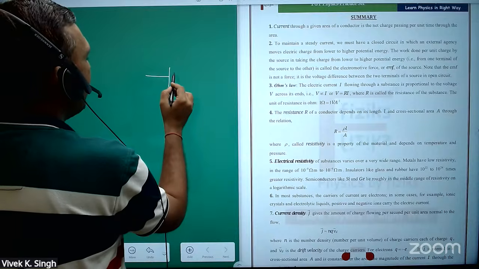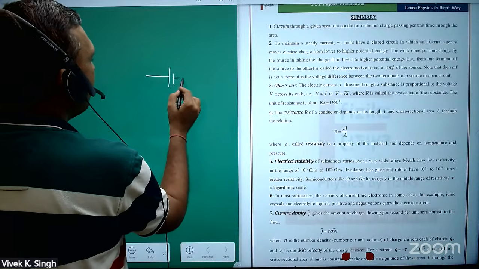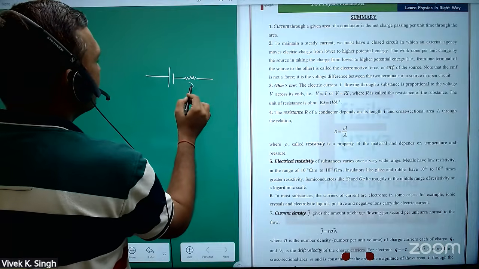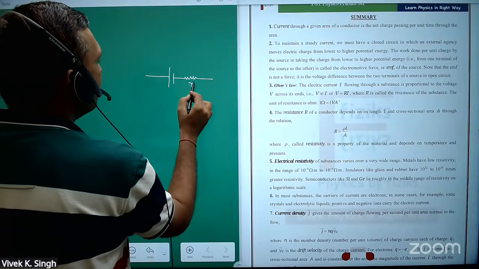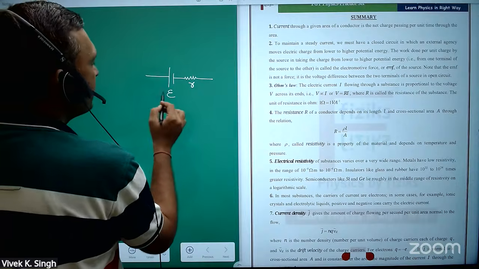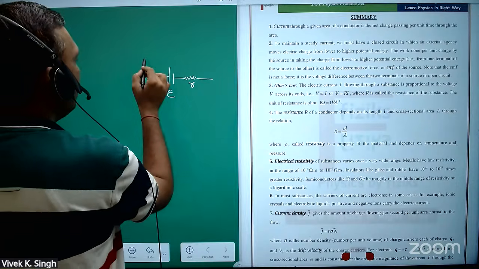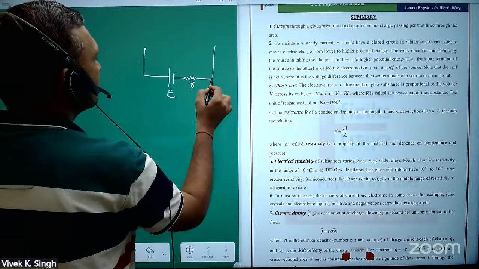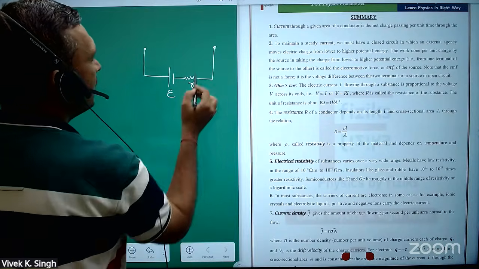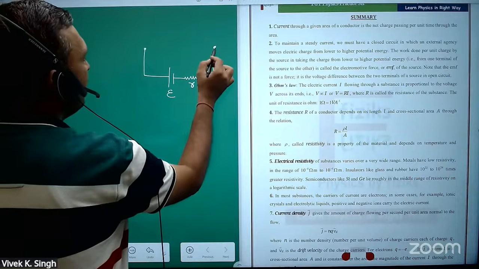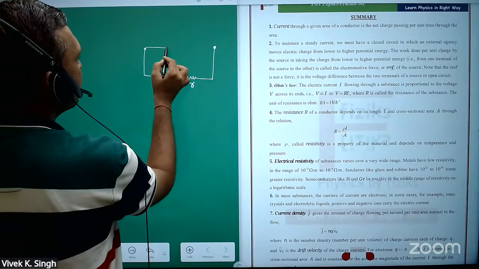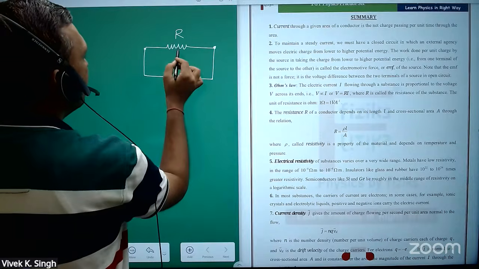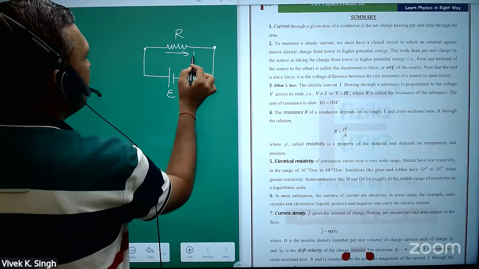So a battery has an internal resistance r and its EMF is E. E is called the EMF because if you connect this to some external resistance R, a current I will flow.